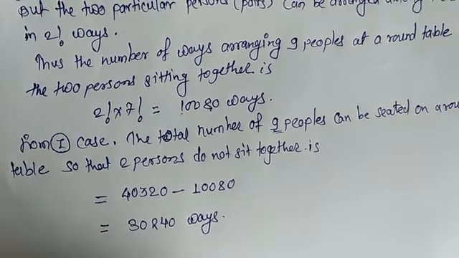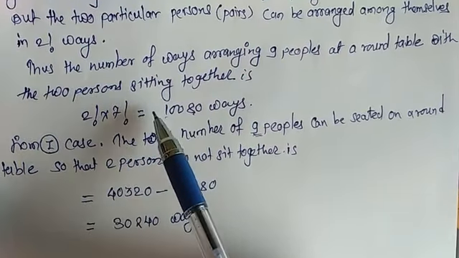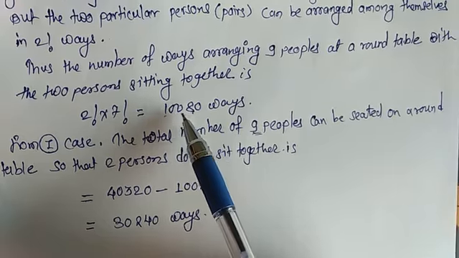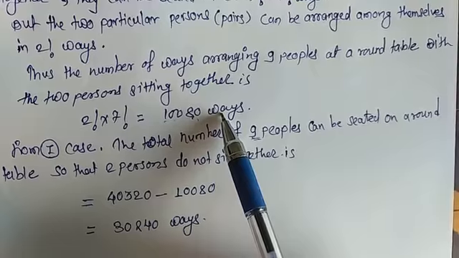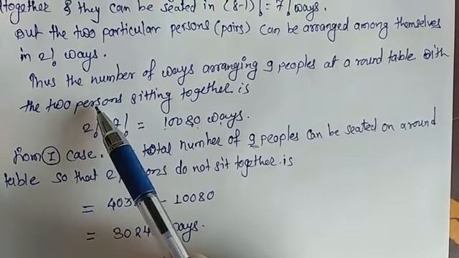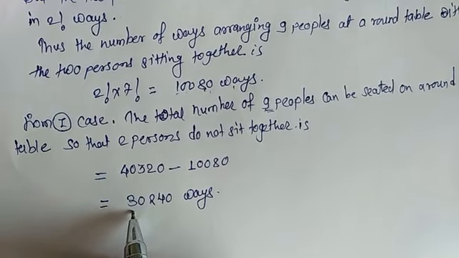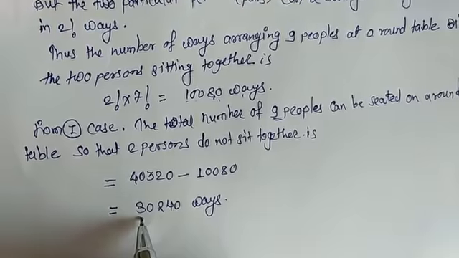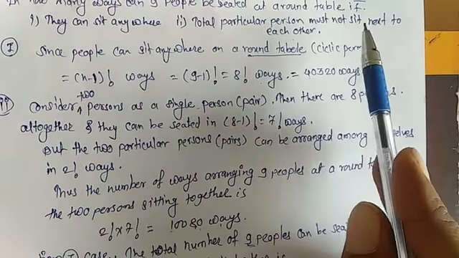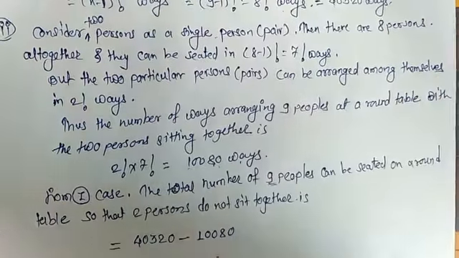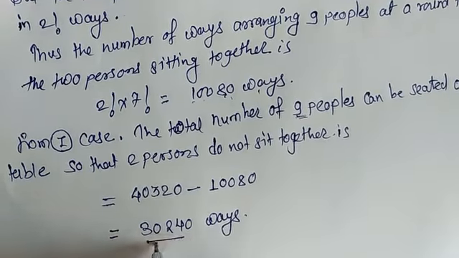That means we are subtracting the arrangements where the people are sitting together. So this number 30,240 is our second answer, that is, the particular persons must not sit next to each other, which is our required solution.